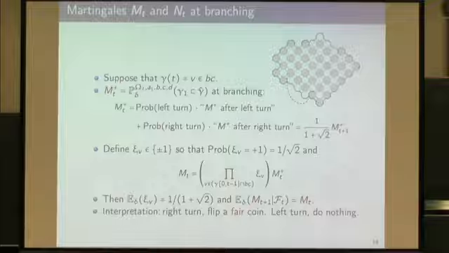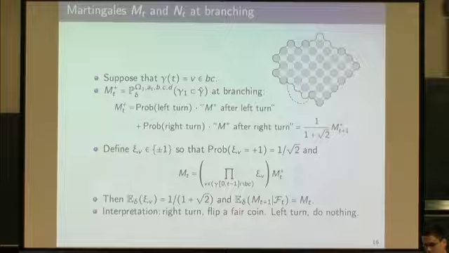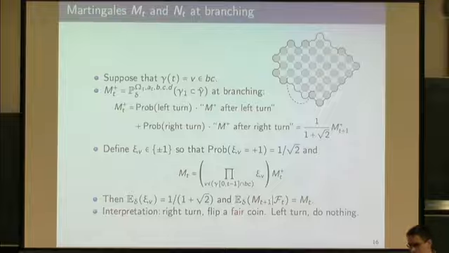And there is another interpretation of this probability. If we just go along, not along the branch, but along the gamma 1, we see whether it turns left or right, and we flip a fair coin. So this is another way to see it. You can check that if you just look at gamma 1 and not this branch, then you can see that it's a fair coin.